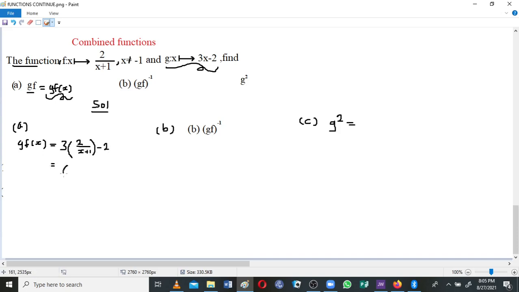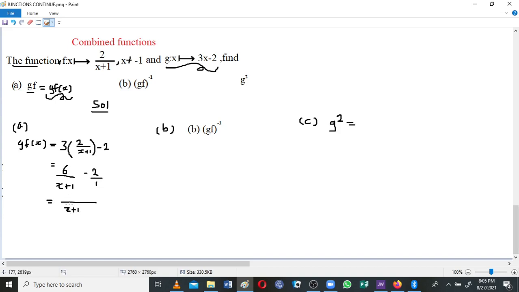Doing this, we are going to get 6 there, right? Now down here, we are going to get x plus 1, that's x plus 1 again. Then we have minus 2. Finding the lowest common denominator, it will still be x plus 1.